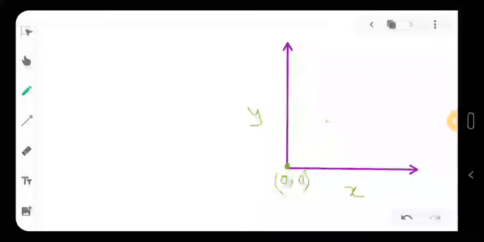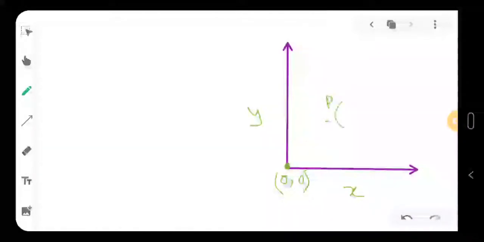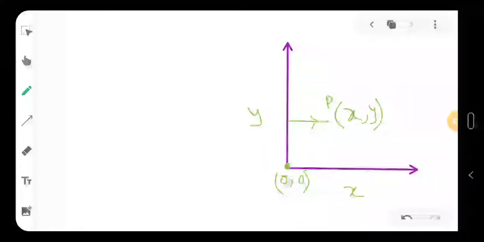Let's say here we have a point P. For this point P we will tell that the location of this point is x comma y, where x represents how much we have to go along the x axis and y represents how much we have to go along the y axis in order to get that point.